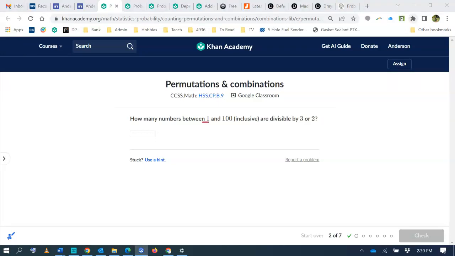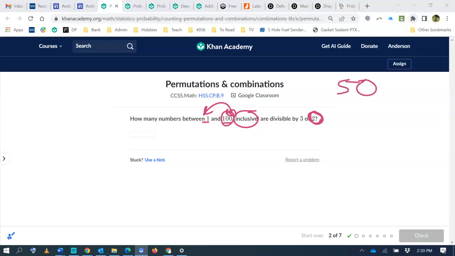So 1 to 100, and inclusive means including both 100 and 1, are divisible by 3 or 2. So you can go through, create a massive list of all the numbers. What I do know right away is that if my number is even, we can divide it by 2. So out of 100, how many numbers are divisible by 2? Well, half of them are. 50 of the numbers are even.